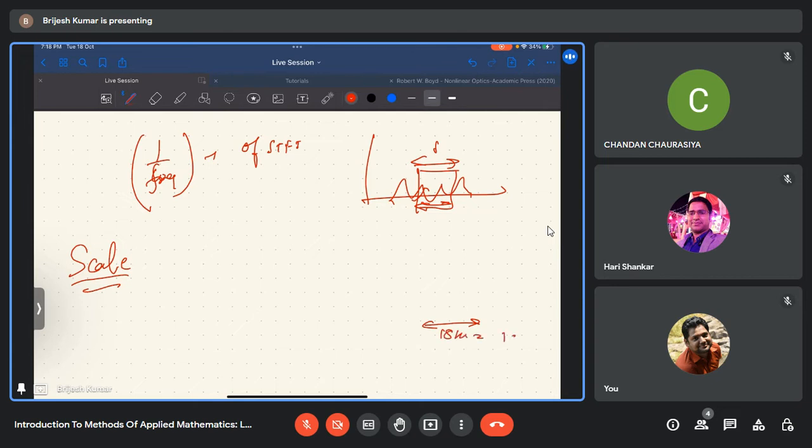Say 15 meters to 1 centimeter or something like that. The same thing is here, this scale parameter in the wavelet analysis. In the case of a map, high scale corresponds to a non-detailed global view and low scale corresponds to a detailed view, right?